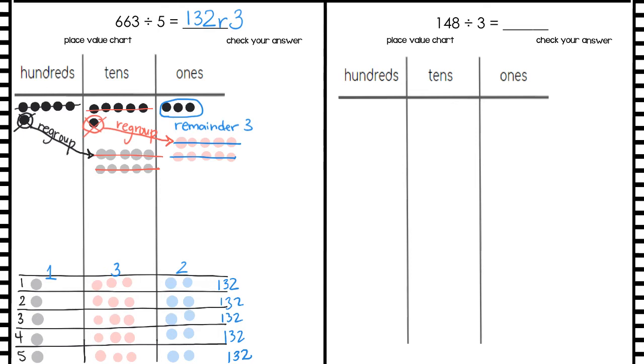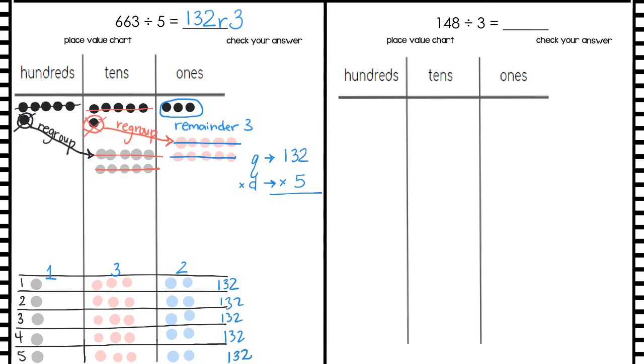Because we start with our quotient, the answer to our division problem was 132. And then we multiply how many groups there are in the dividend. And there were 5 groups, so we're going to multiply by 5.